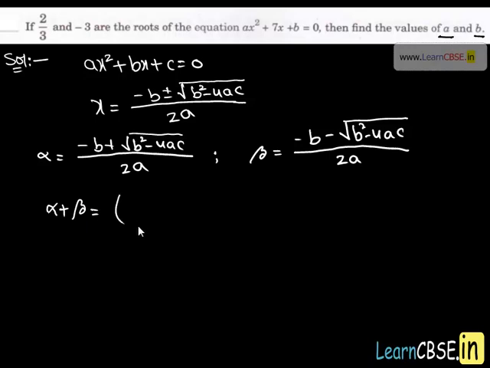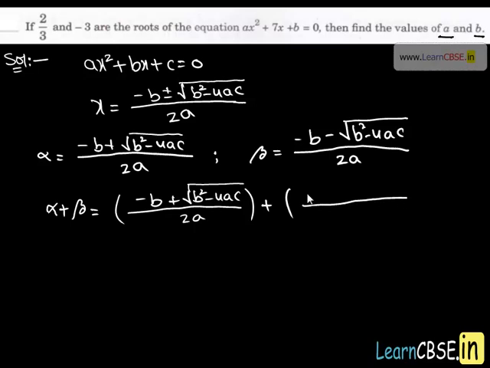Both contain the same denominator, that is 2a, so their LCM is 2a.